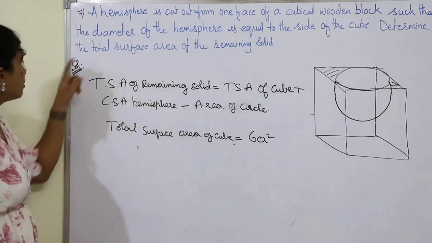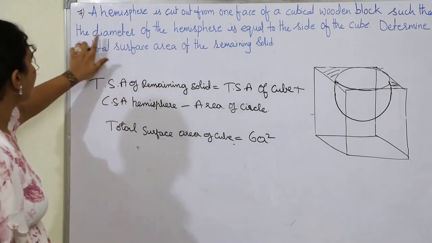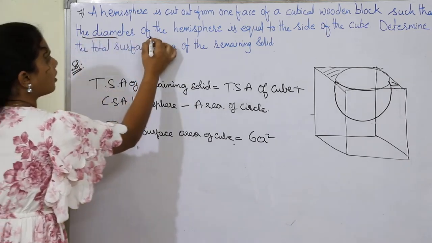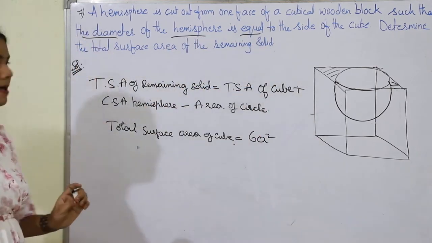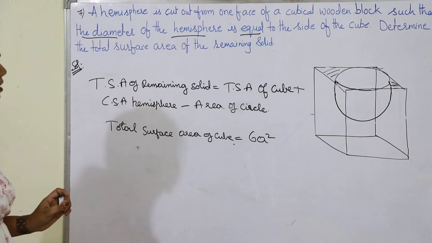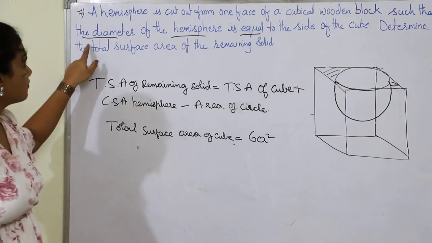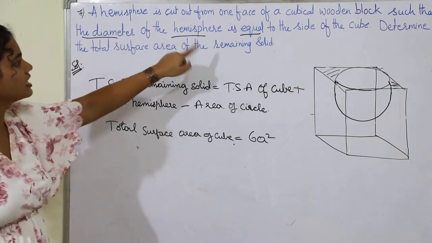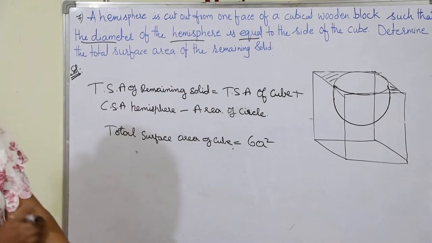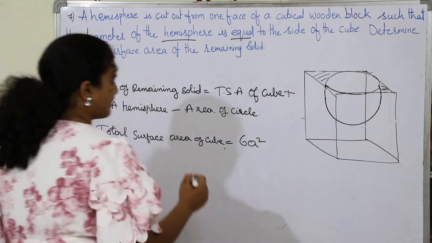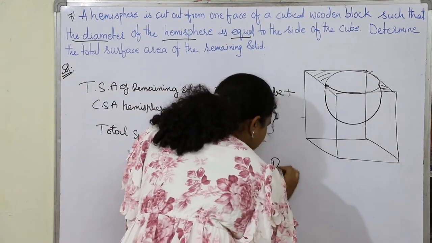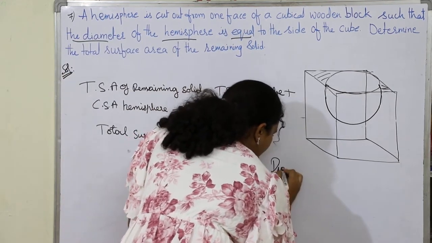Now just look at this point: the diameter of the hemisphere is equal to the side of the cube. So the diameter of the hemisphere equals the side of the cube.